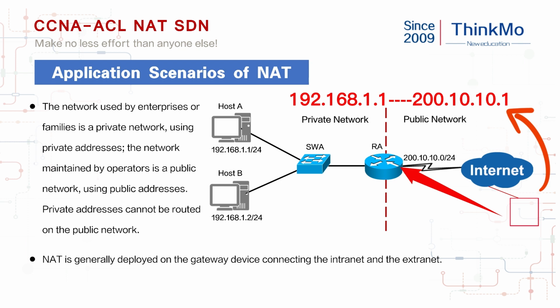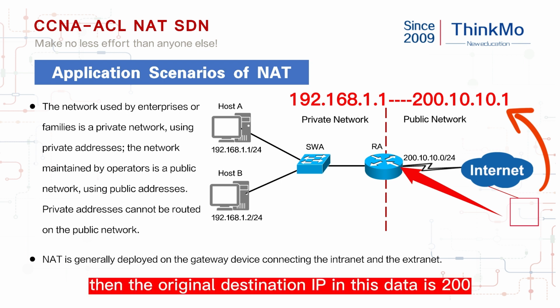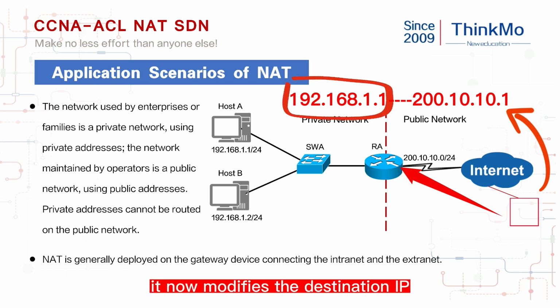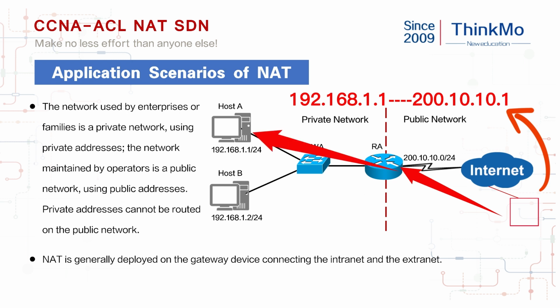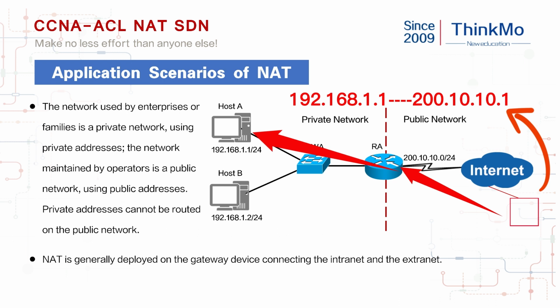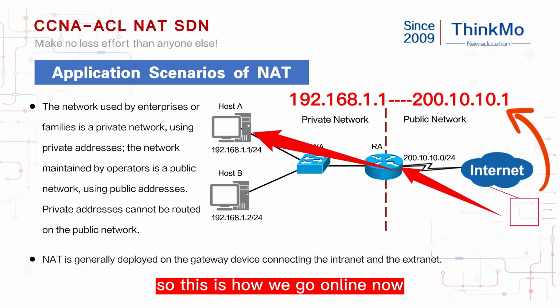If so, let's see who uses it. Is it 192.168.1.1? Then the original destination IP in this data is 200.10.10.1, its interface. It now modifies the destination IP and sends it back. So host A uses a private network to communicate with a public network. This is how we go online now.